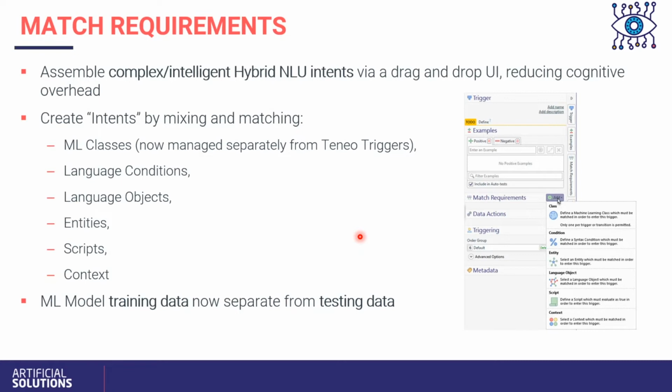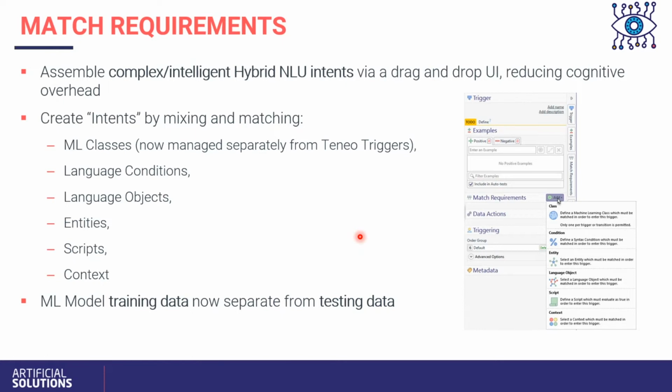When we get to the part about machine learning, we'll see a little more about how that works. But achieving that split of these two types of data is now going to be native inside the platform, which is a huge benefit for you in terms of testing and validating the performance of your machine learning model. So that split is going to be super interesting for you.